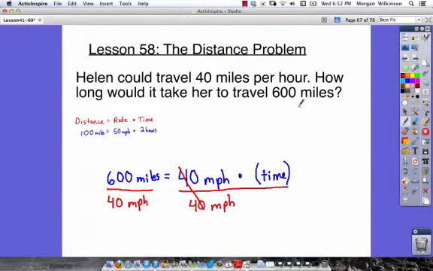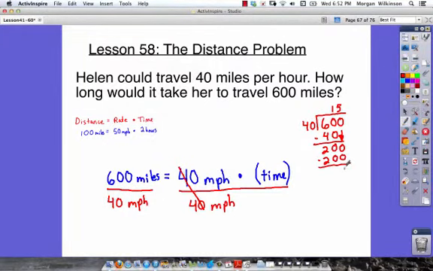Let's go ahead and go through that math. 600 divided by 40. Well, 40 goes into 60 one time. We get 40 with 20 left over, and we bring down our 0. We have 200. 40 must go into 200 5 times. 40 times 5 is 200.